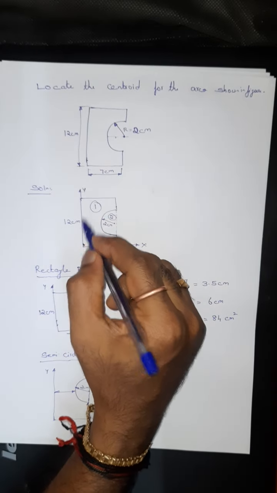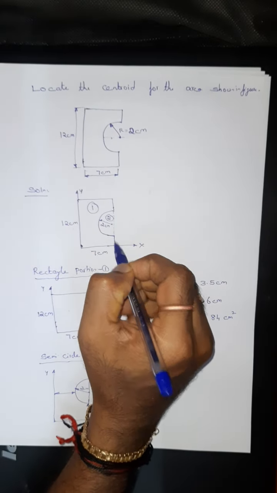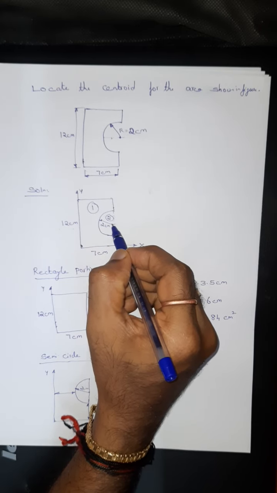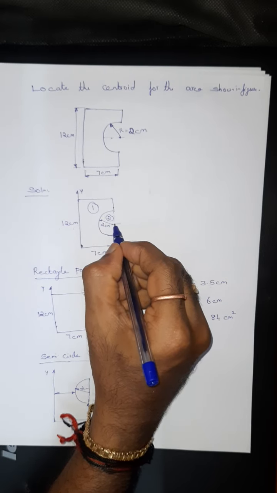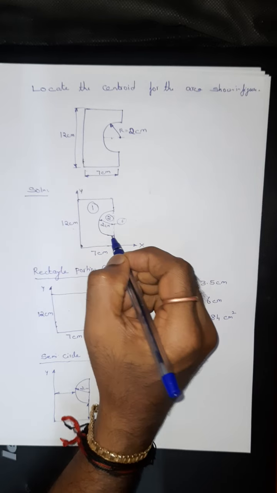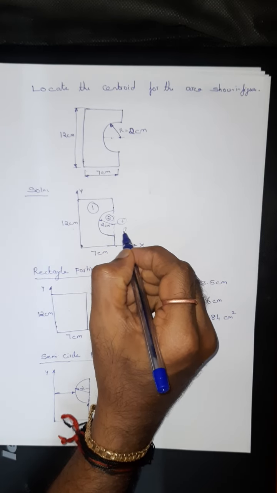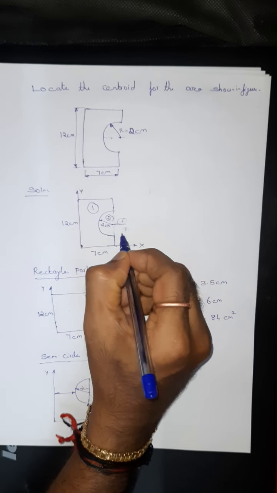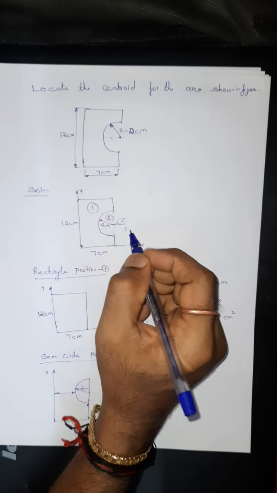So the total is 12 centimeter, right? From here to here it is 12 centimeter. This is the radius, so from the center it is here to here too. Therefore 2 plus 2, that is 4 goes off. So what is left out? 8. So 8 means 4 is from here and 4 from here, right?